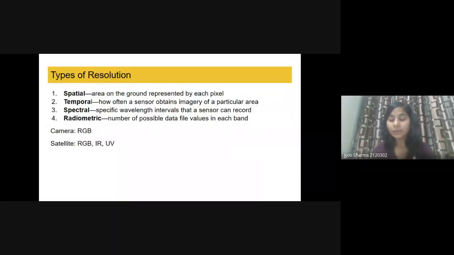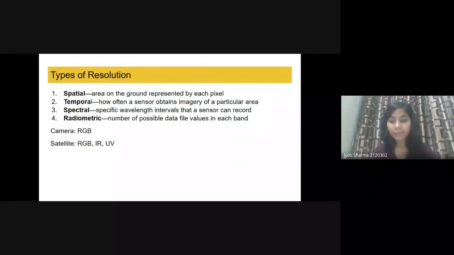But it may happen that in infrared radiation or in radio wave radiation, the reflection curve of the land and the water surface is different. For example, water just absorbs the infrared radiation, but the land does not absorb it. So the reflectance curve is different for land and for water in infrared radiation, but the same in visible radiation.